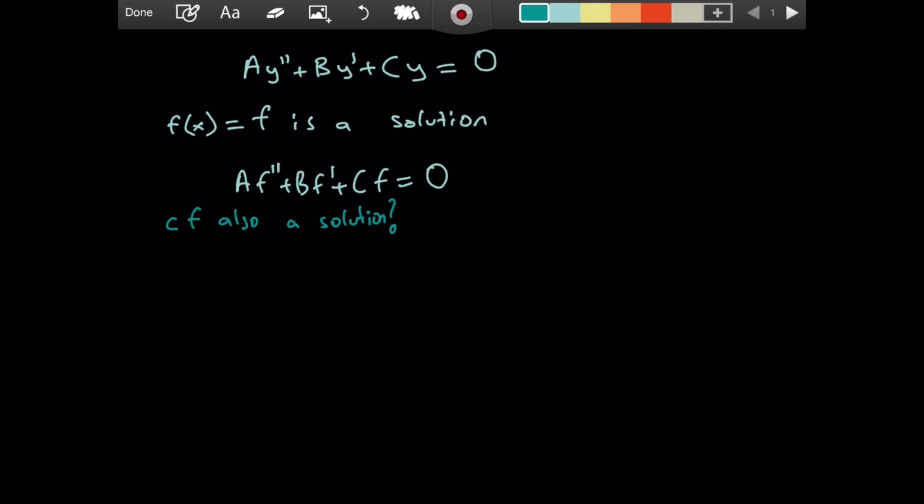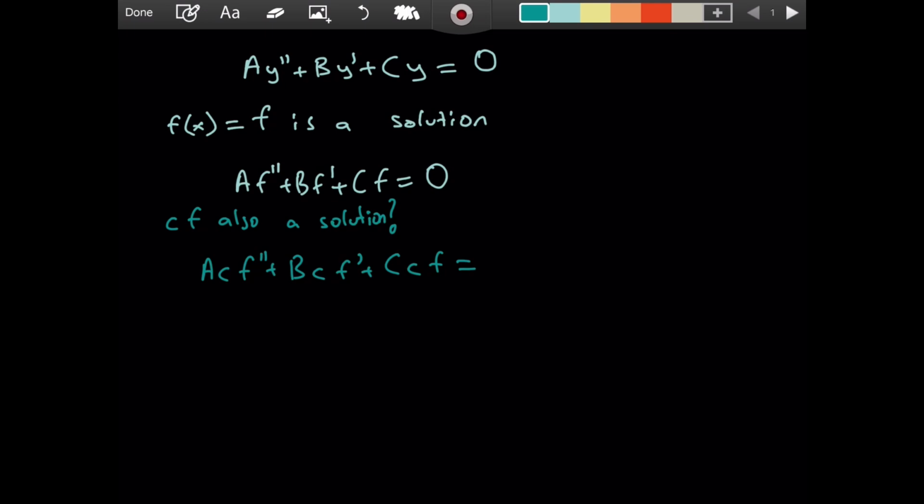So we will substitute this into our equation. We will have a. Now the second derivative of k times f, k comes out, it is a number. We get f double prime plus, similarly bk, f prime plus c k f. Now, does this equal 0?